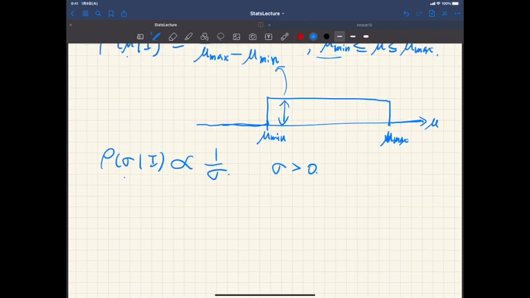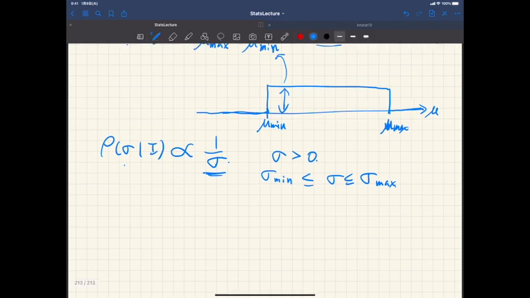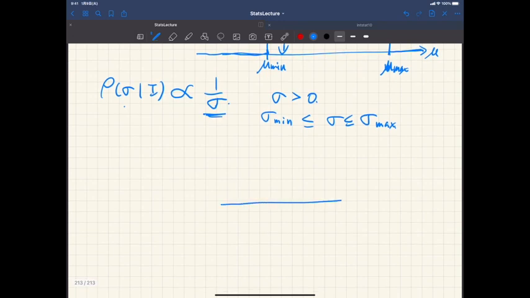Actually, we also assume this distribution from sigma minimum to sigma maximum, but the distribution is inversely proportional to the value of sigma. So the density function of sigma would look like something like this.